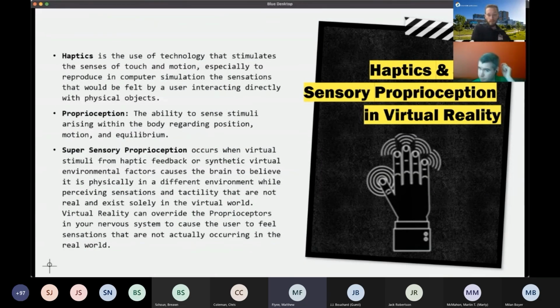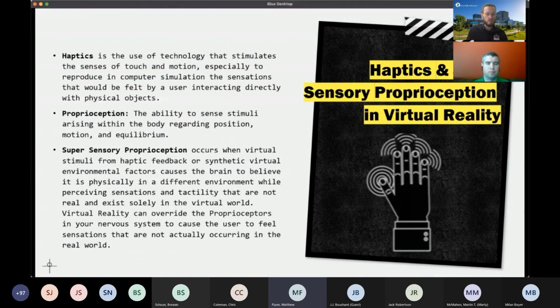Now, supersensory proprioception is a fascinating phenomenon that happens in virtual reality when all of these elements of immersion are combined with the haptic feedback to create this whole new sensation within your brain.